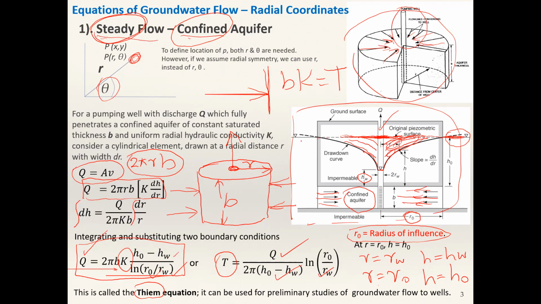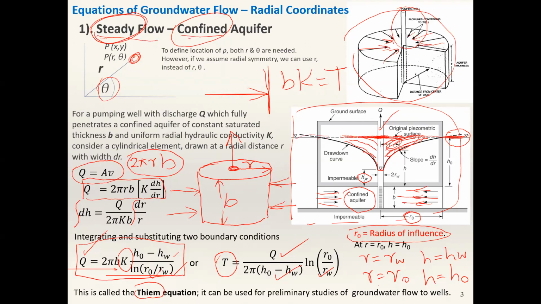For example, we assume that this piezometric head originally is horizontal and the aquifer is an infinite aquifer. There are no boundaries, right? Like that, there are several other assumptions. Okay. So do you have any questions? Is it clear? Yes, sir. Right, great.